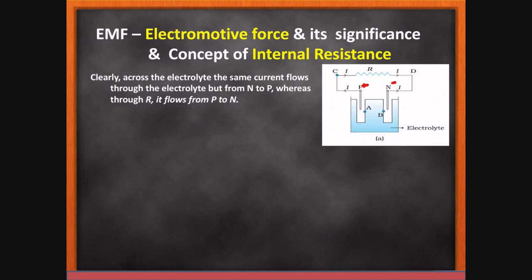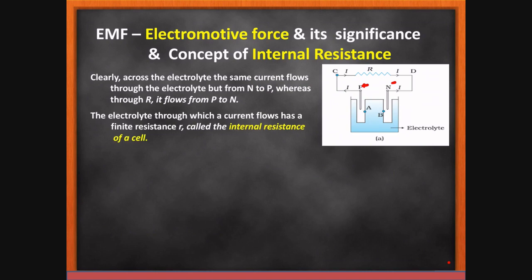In this circuit it is clear the current is flowing from C to D. If you consider the whole circuit, outside the cell the current is flowing from C to D, but inside it is flowing from N to P. The electrolyte through which a current flows has a finite resistance, and this resistance is known as the internal resistance of the cell.